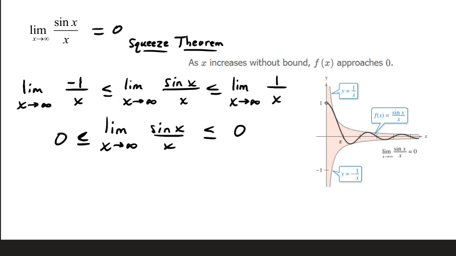For this left limit, a fixed numerator with a growing denominator has a limit of 0, and on the far right end, this limit does too. Fixed numerator, a really large denominator, will go to 0. So the limit of sine x over x as x approaches infinity has to be 0.